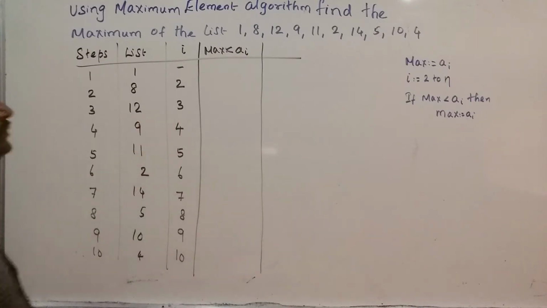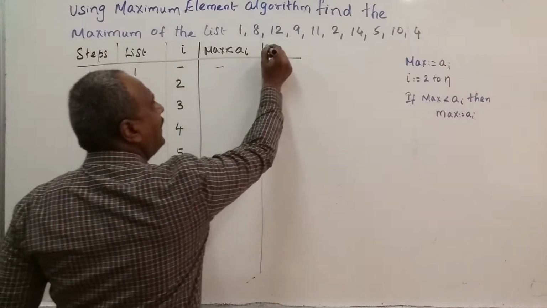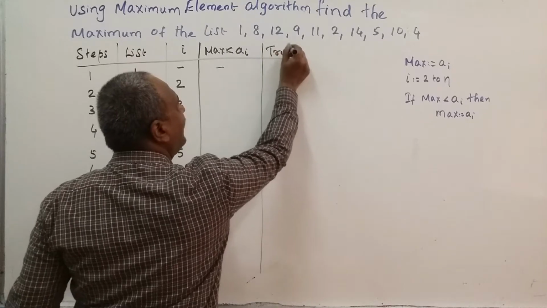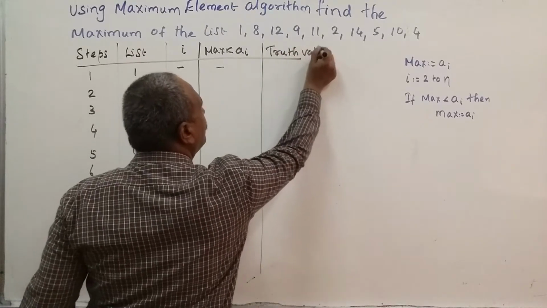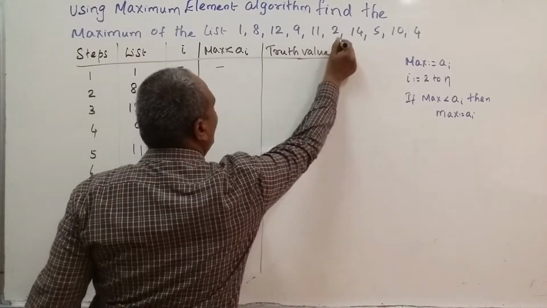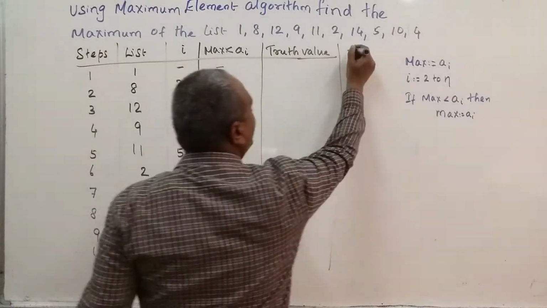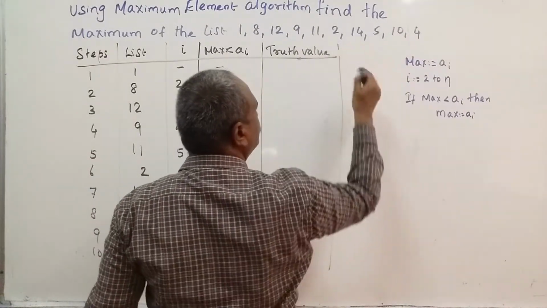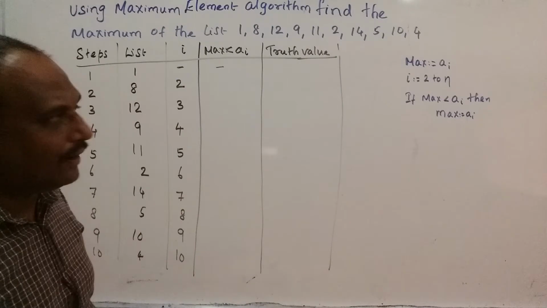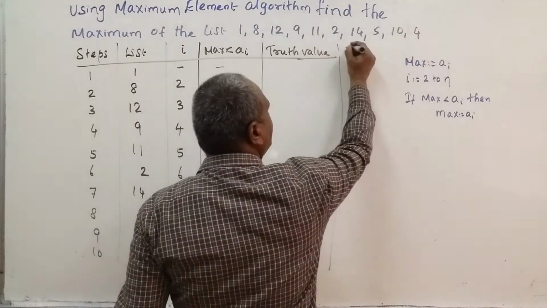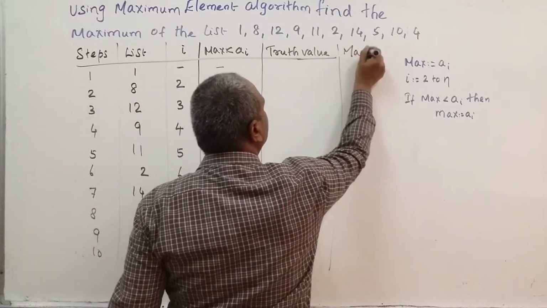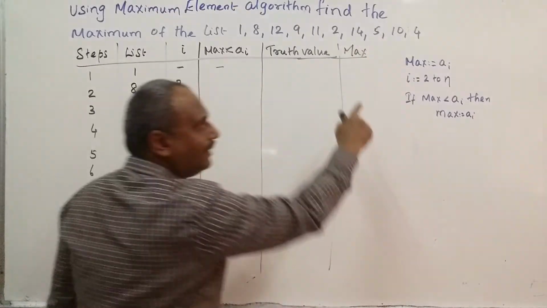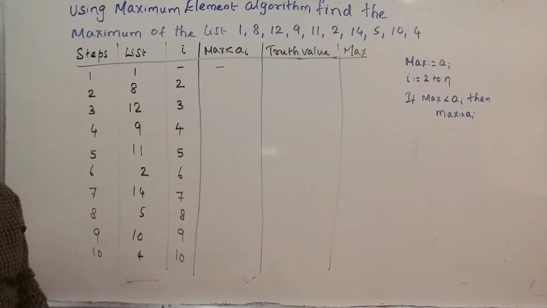This is what it is going to compare, and based on the truth value, it is going to assign the maximum value, isn't it? This is what we have stated in the algorithm.